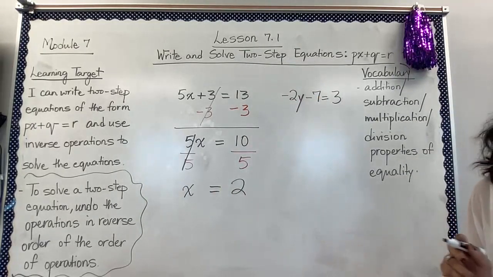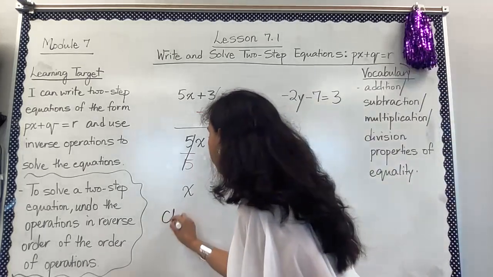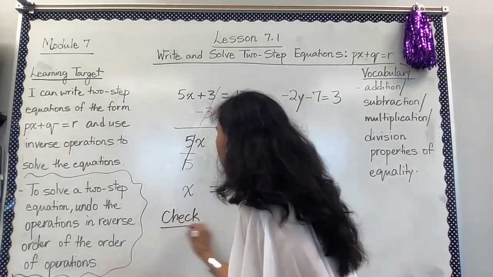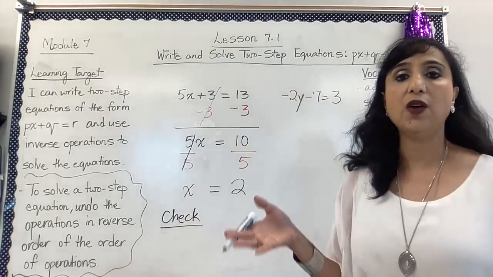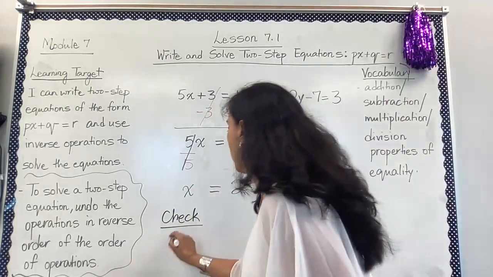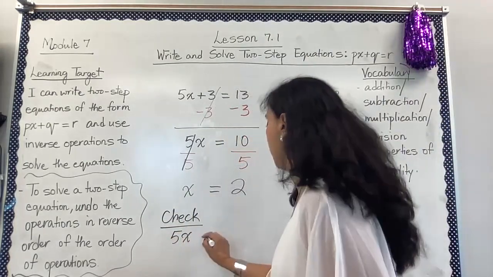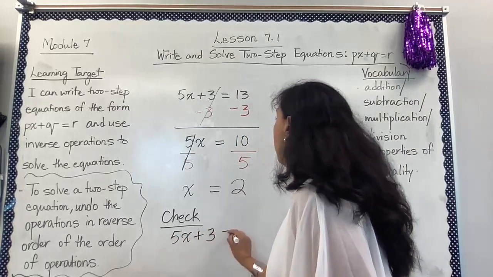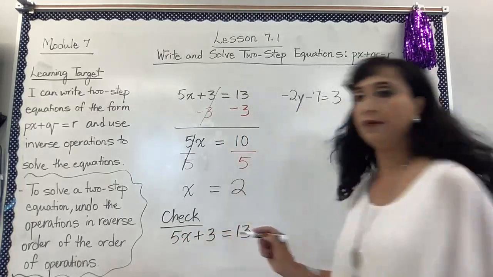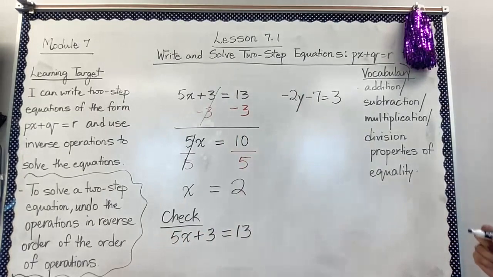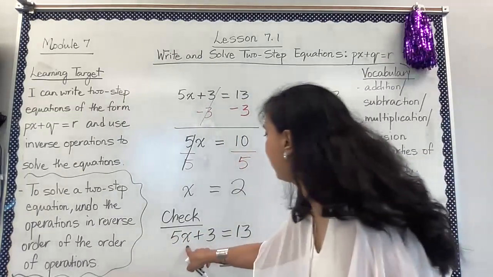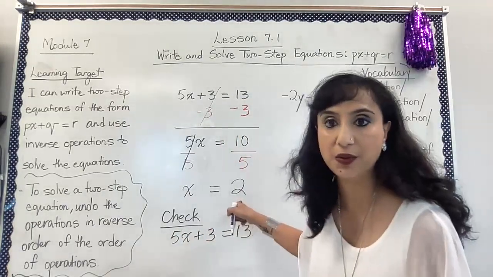We can always check the solution. We can check the solution by taking the original equation, which was 5x plus 3 is equal to 13. And then we are going to substitute the value of x, and we said x is equal to 2.